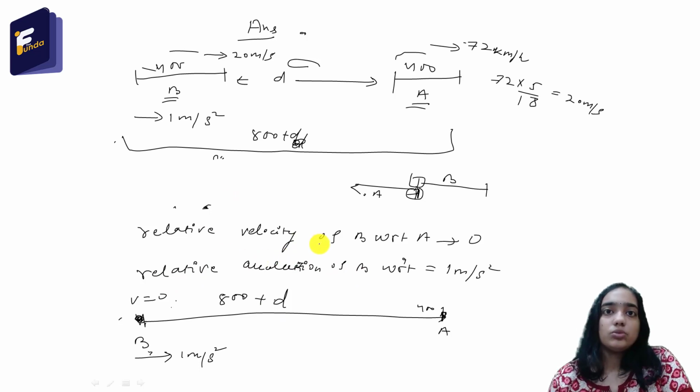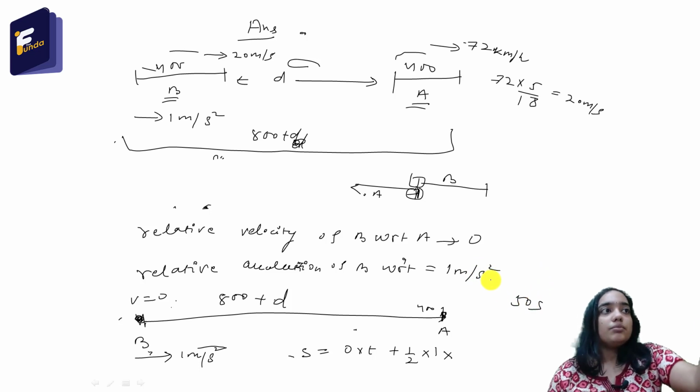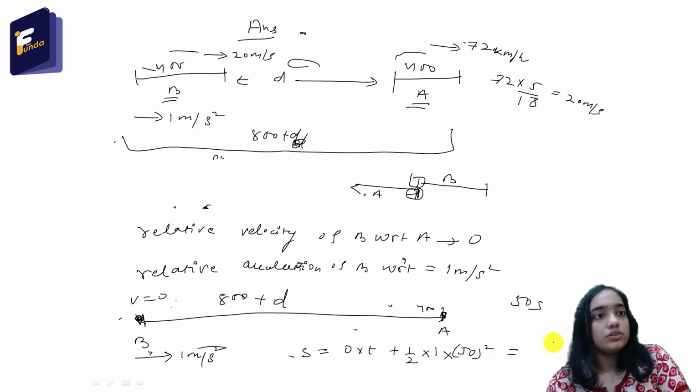So we apply the formula s equals ut plus half at square. Here u is 0, and acceleration is 1 meter per second square, and time is 50 seconds, since we already know that after 50 seconds B overtakes A. So it will be half into 1 into 50 square, which is equal to 1250.